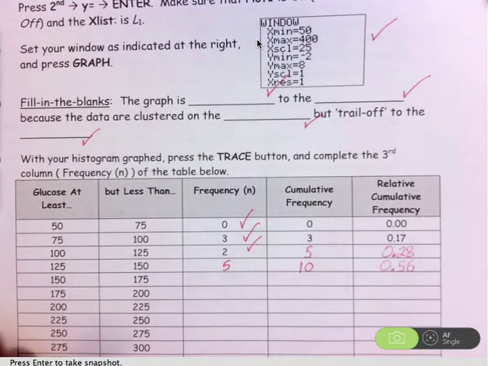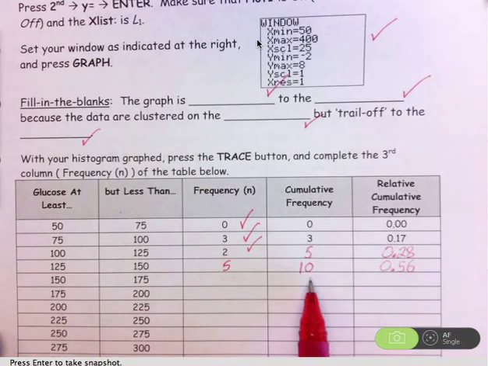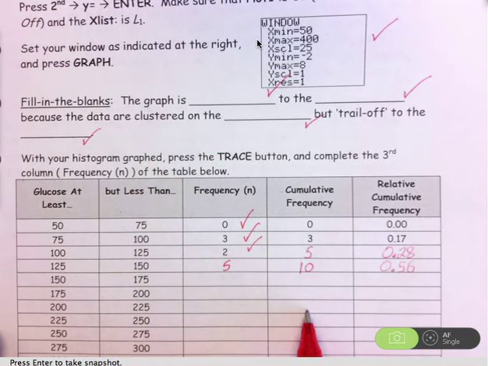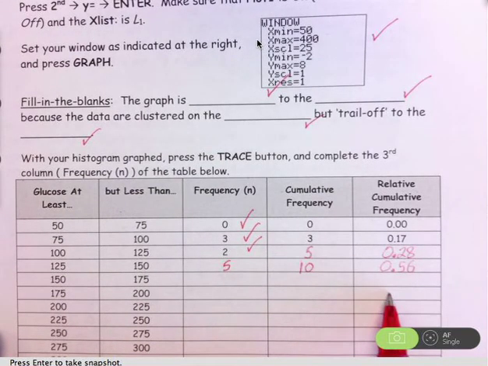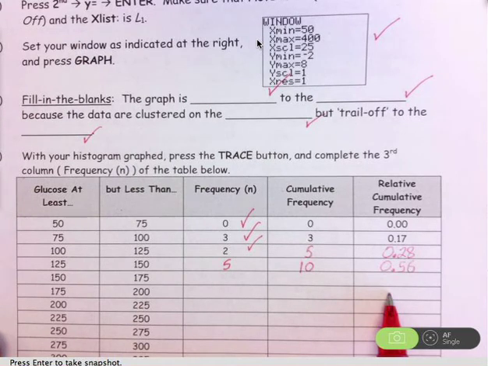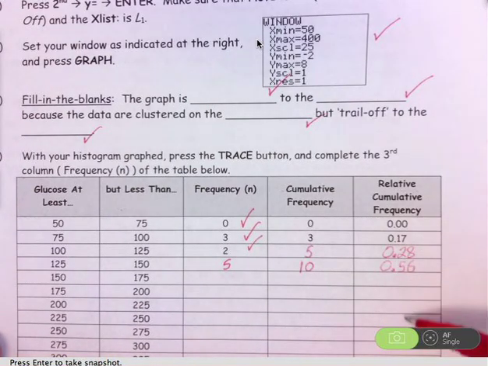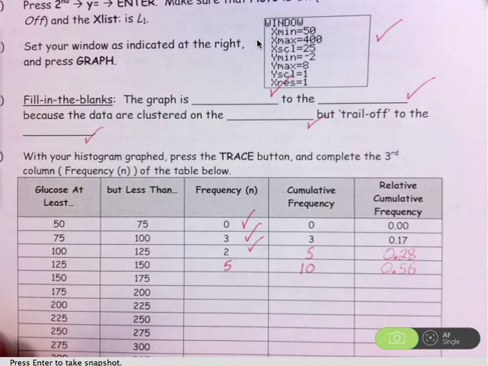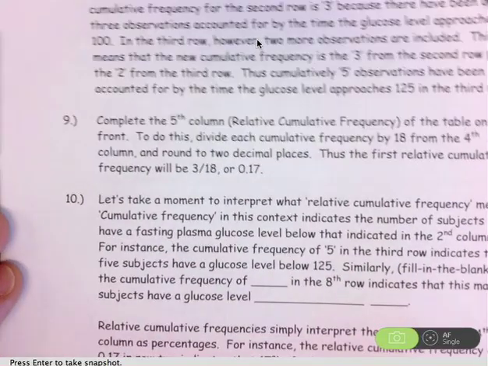That's to be expected. Every time you have the same number in the cumulative frequency column, you should have the same percentage in the relative cumulative frequency column. So if you haven't done so already, you need to finish the relative cumulative frequency column. You should pause and do that before you try to complete the next steps.